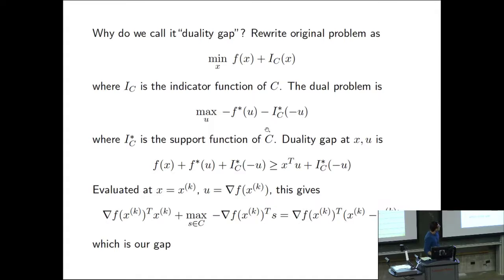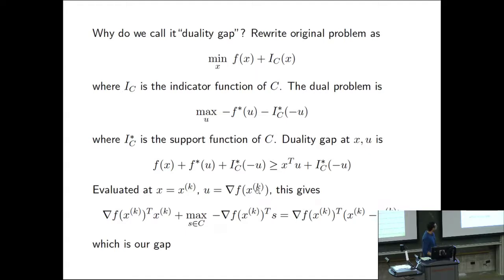And the duality gap at a point x and u is the difference between the primal criterion and the dual criterion. Okay, but if I'm at a point x and u that are primal and dual feasible, this indicator is 0. So the difference in these criterions is f of x minus this, and the negatives cancel. It's f of x plus f star of u plus I star of minus u.